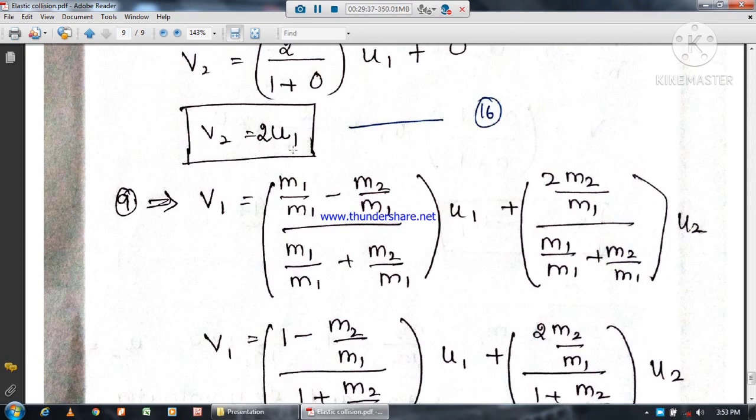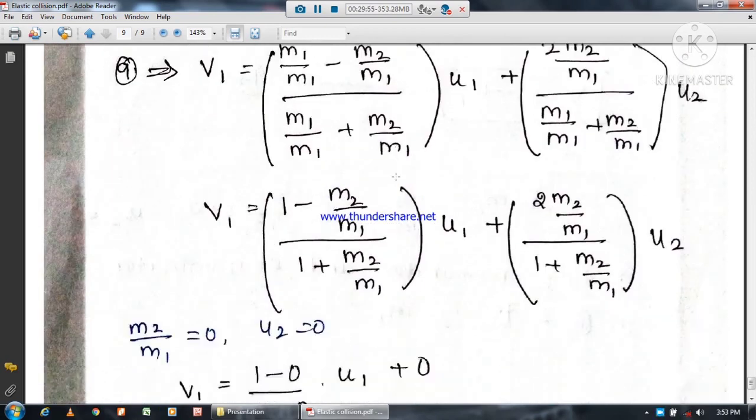Here the final velocity of the second body is v2, which is equal to 2u1. That means it moves with twice the initial velocity of the first body, right?